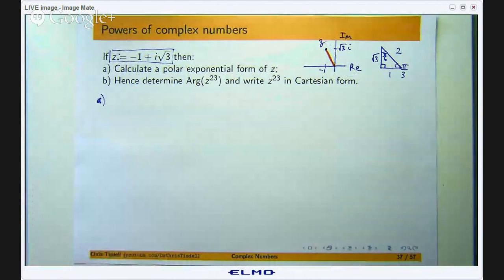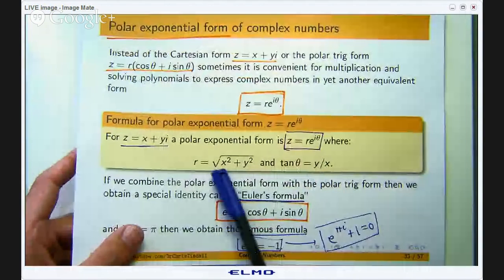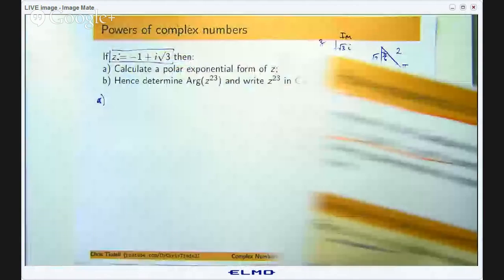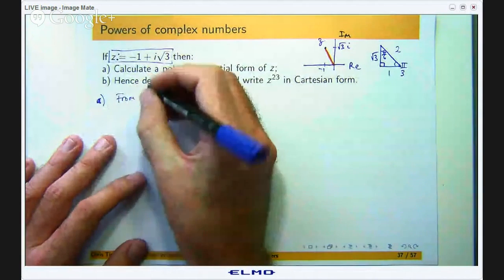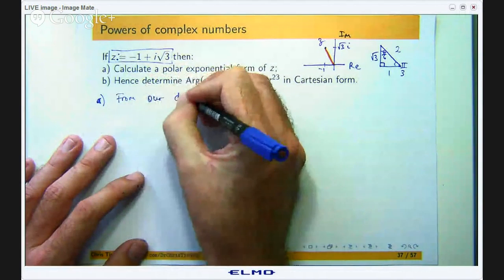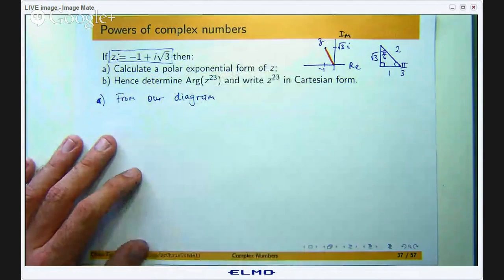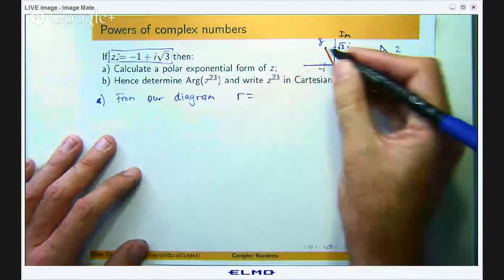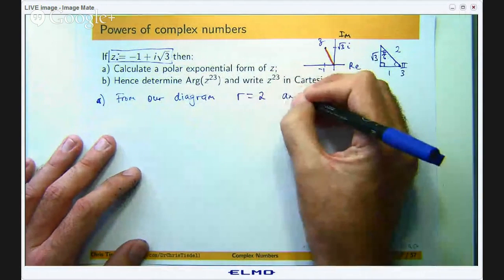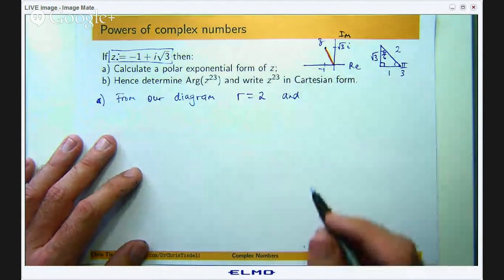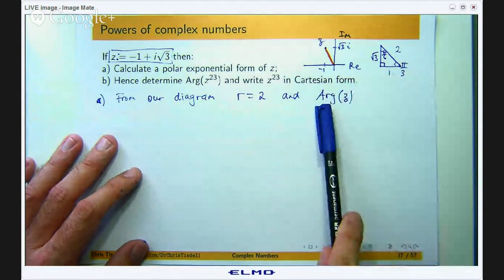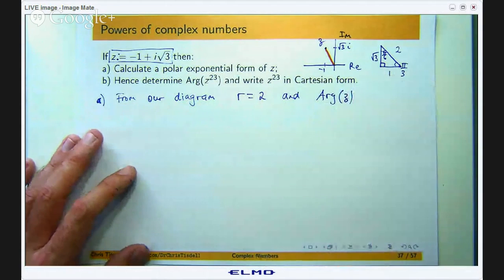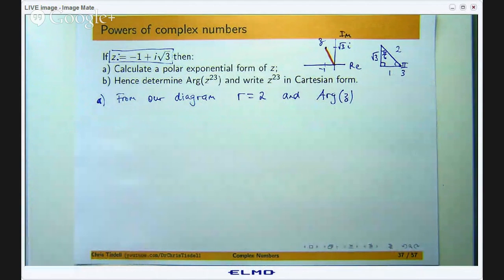Now you could, if you wanted to, use these formulae here, but really it's not required. So from our diagram, r is 2, and I'm going to write down the principal argument of this, where the capital A means principal argument, and in this series of videos, the value of that angle is always between -pi and pi.